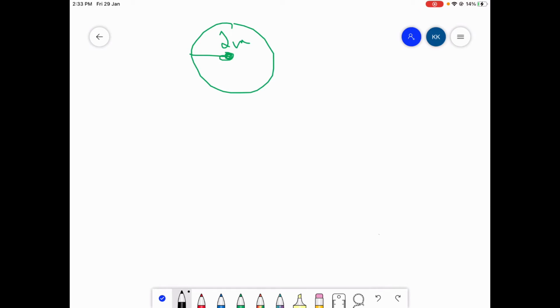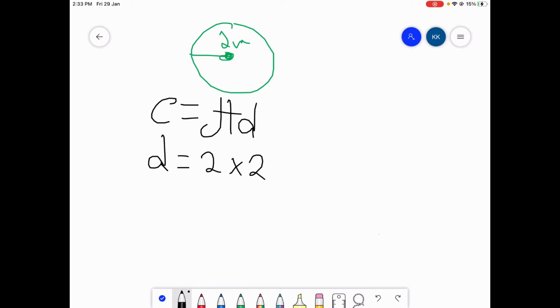So first thing, C equals pi D. Then D, which is the diameter, is 2 times 2. Always, if we have the radius, we should multiply by 2 to get the diameter. So 2 times 2 is equal to 4 meters.